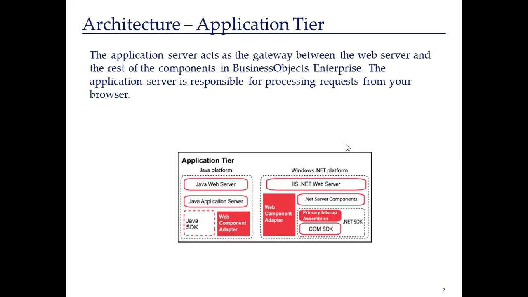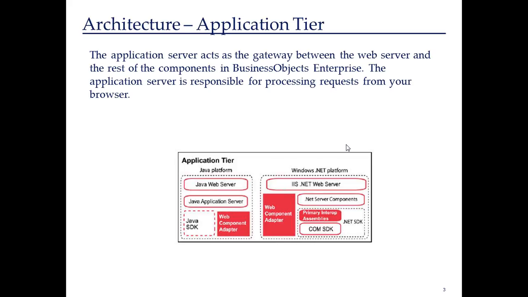So this is an SDK that they use, and based on the platform that you use, you can customize your business objects application using JavaScript if you have used Java platform, or using .NET Core if you are using .NET platform. So this is a gateway between your client tier and your application tier.